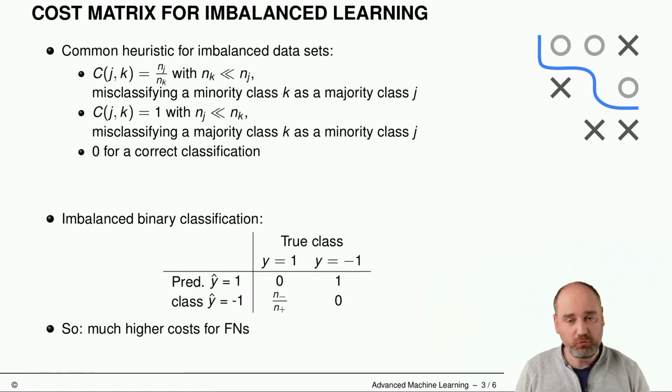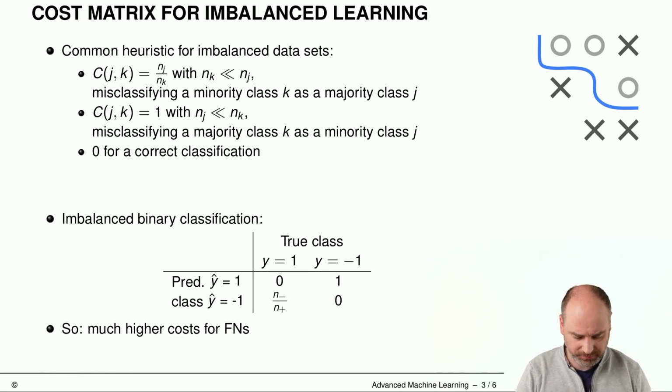Okay, so I have one slide where we can discuss a little bit how one could technically define these costs now in imbalanced scenarios where they are not available from domain knowledge. So a usual heuristic is to set these entries here. Let's maybe start with the second case.